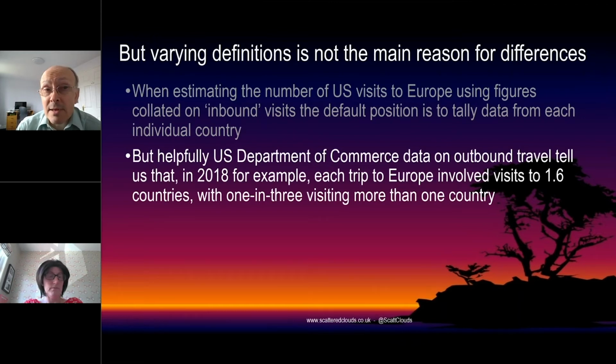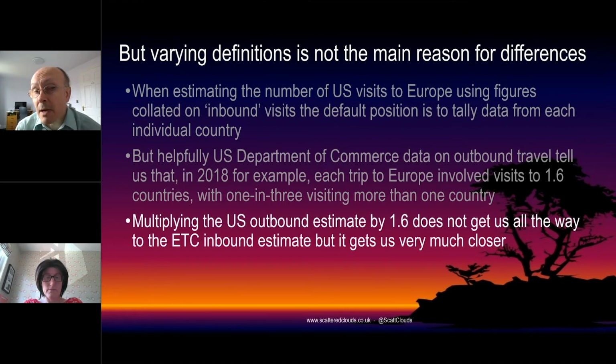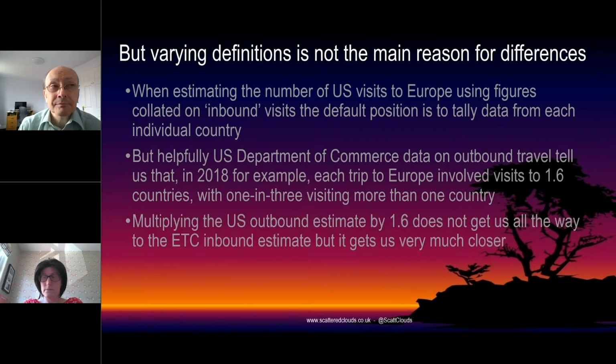But helpfully, the US Department of Commerce data on outbound travel tells us that in 2018, for example, each trip made by an American to Europe involved visits to 1.6 countries, with 1 in 3 visiting more than one country on their trip to Europe. So if we multiply the US outbound estimate by 1.6, we don't quite get to the figure that the UNWTO ETC tell us, but the figures are an awful lot closer together.